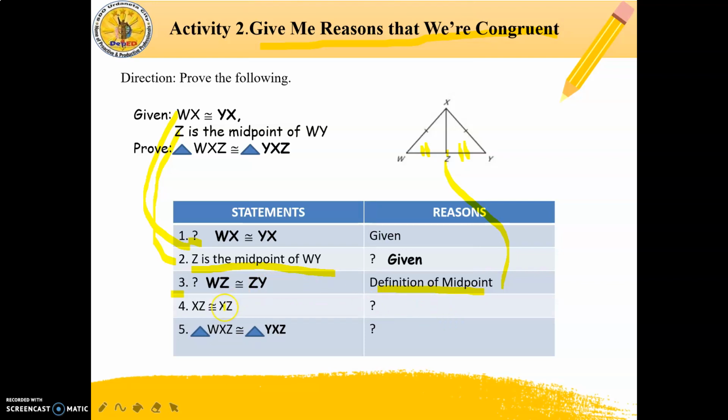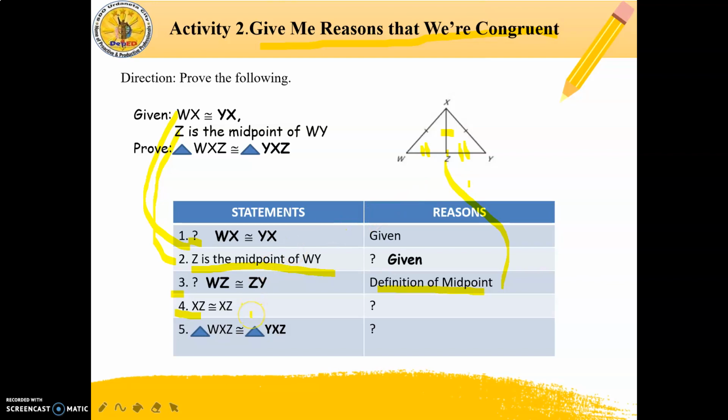Now, what to write in number 4? Number 4, it was already written that XZ is congruent to XZ. Looking back at the figure, we can see that the two triangles share a common side XZ.